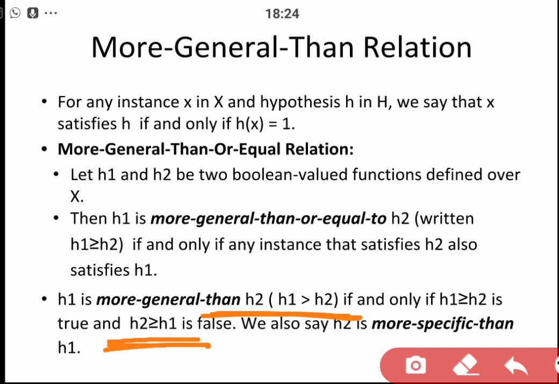How this is going to help you is that your hypothesis space will always be bounded between the most general, that is question mark at every place, and the most specific, that is 0 at every place. Somewhere in between you could find your hypothesis.